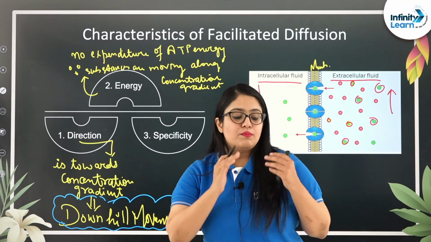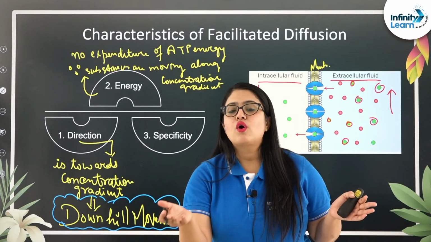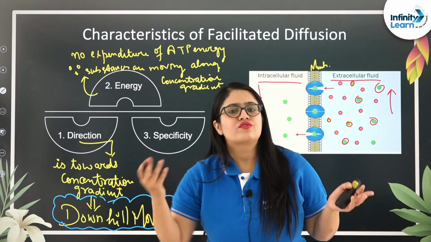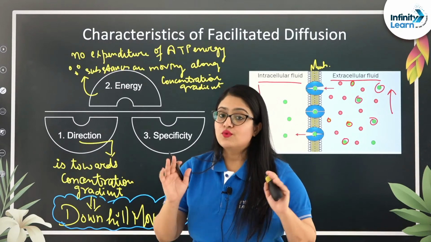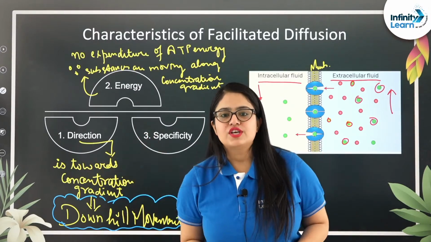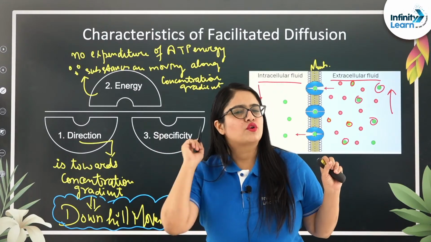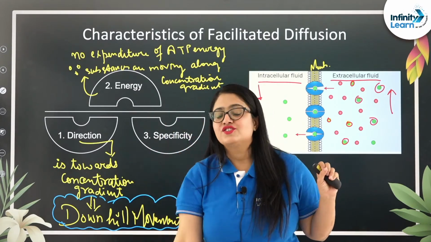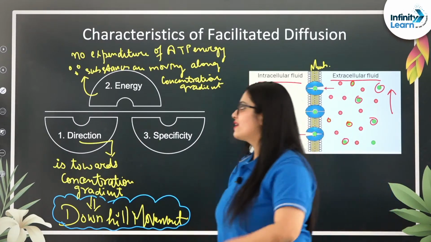That means a particular membrane protein might allow movement or transport of 1, 2 or 3 types of molecules or substances across it. So whenever membrane proteins are involved in transportation of substances across plasma membrane, that particular transport becomes quite specific in nature because membrane proteins are specific in what they carry.